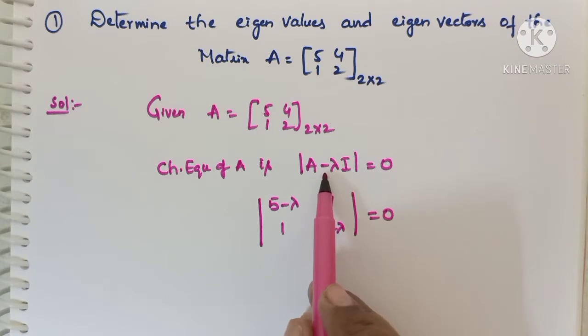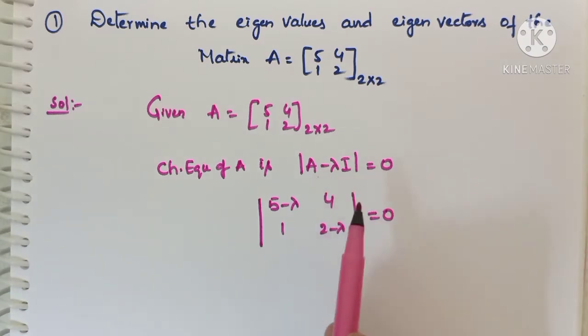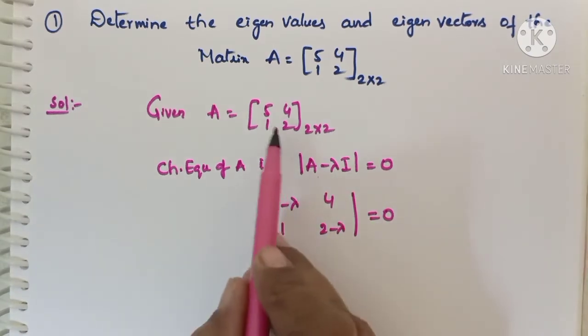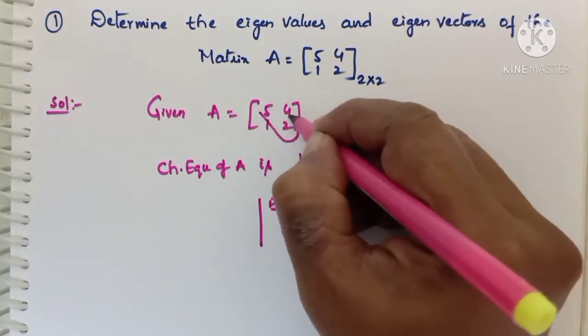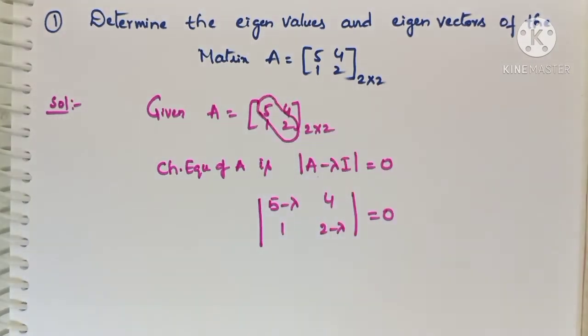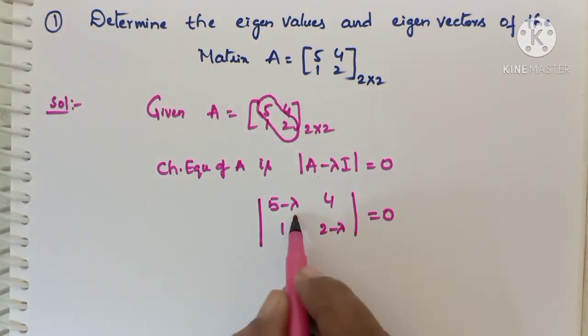To find the characteristic equation of A, it is enough in this determinant to subtract lambda from the principal diagonal elements. Just subtract lambda from the principal diagonal elements of A, and we will get det of A minus lambda I. Now we expand this determinant.